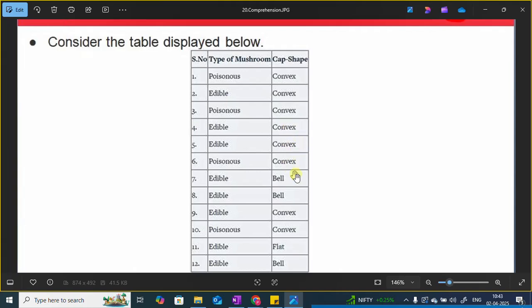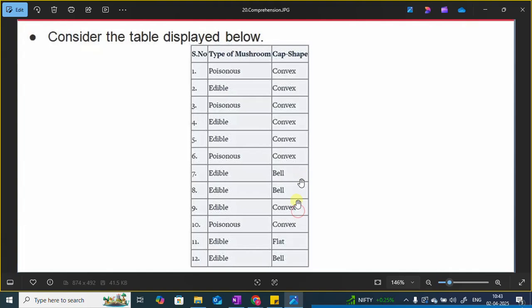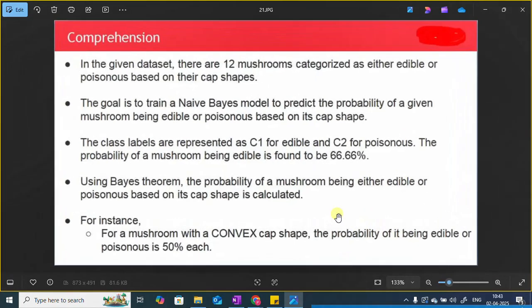Then this is not applicable. Four. So this is edible convex: one, two, three, 4. And the opposite one, poisonous convex: one, 2, 3, and this is also 4. So a total of 4 poisonous plus convex, another 4 edible plus convex. As it is balanced, that's why it says 50% each.